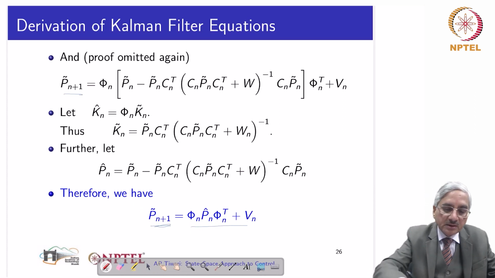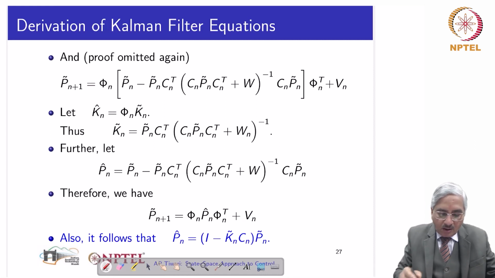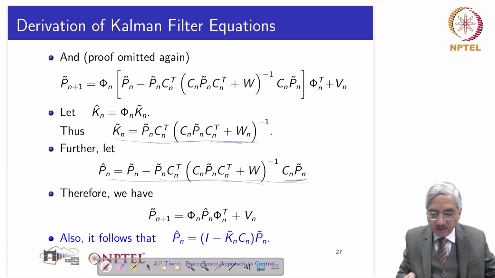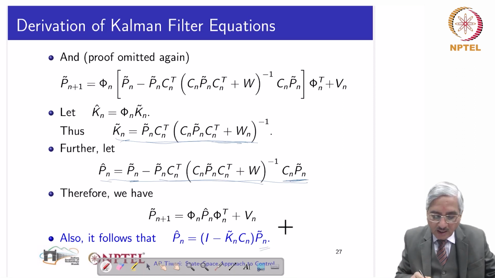We get this expression. From this one, if we substitute this one, this whole thing is here, and this is post multiplied by Cn Pn tilde. So we get Pn hat equal to Pn tilde minus Kn Cn Pn tilde, and by taking Pn hat common on the right, what will be left is this one.